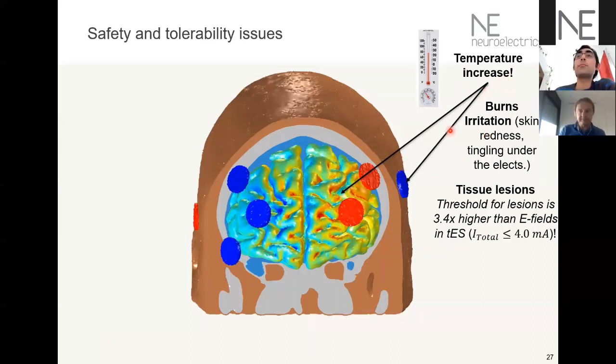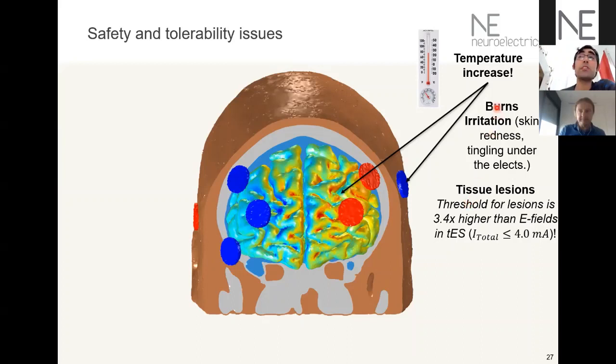The most commonly reported side effect is redness and a tingling sensation under the electrodes. This usually tends to disappear after stimulation.